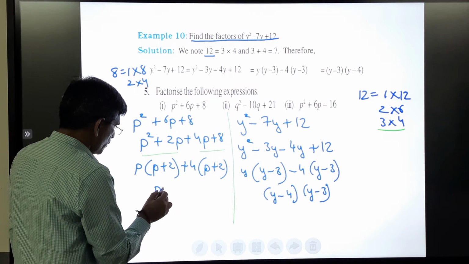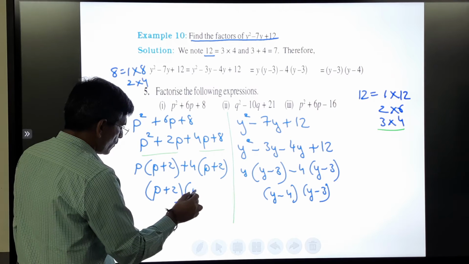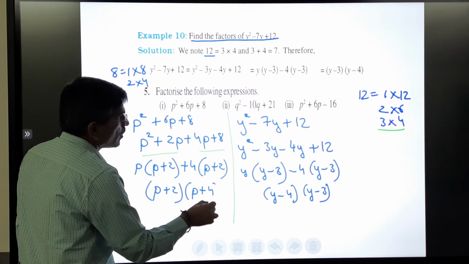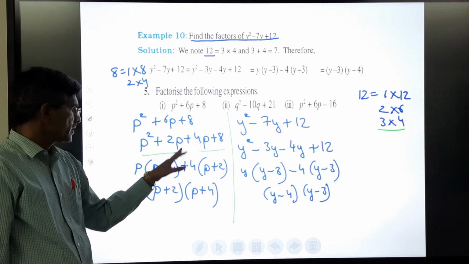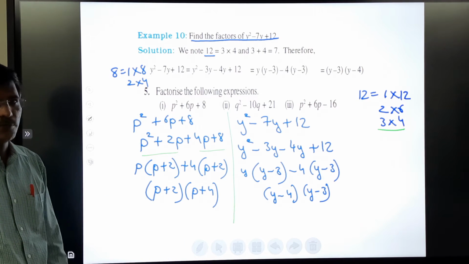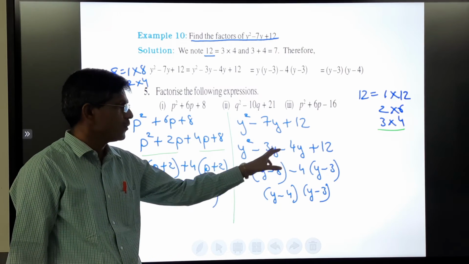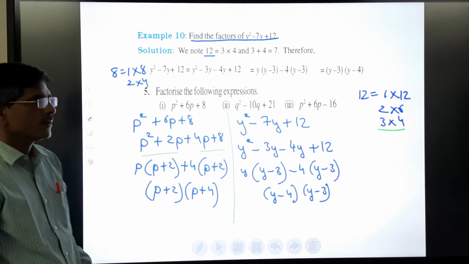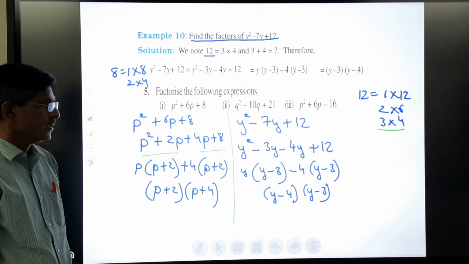So p plus 2 and p plus 4. When the middle term is plus and the last term is plus, both factors should be plus. Here the middle term is minus, so we have to write both factors negative. Here the middle term is plus, last term plus, so all factors should be plus.